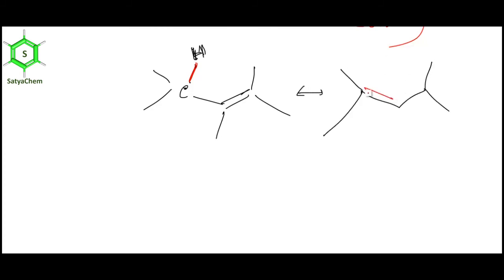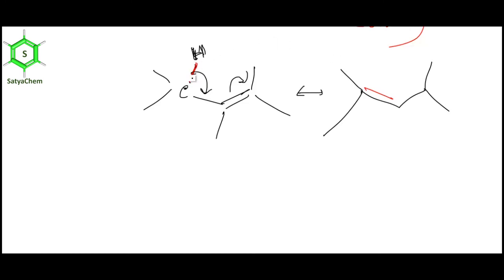Then this is the new pi bond. If I show you the arrow notation, it is not appropriate here, but just for understanding purposes I am showing this arrow notation.